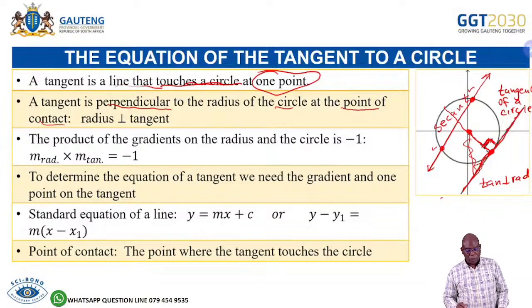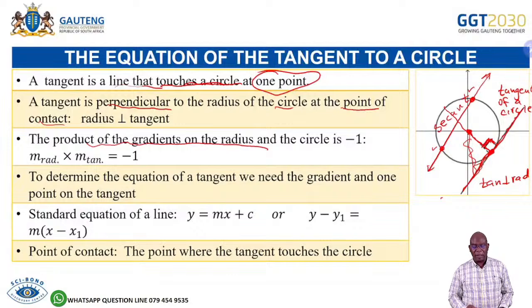Another thing that we need to know again here is the product of the gradients on the radius. These are very, very important notes before we can do the equation of the tangent. The product of the gradients of the radius and the tangent is -1. Reason?